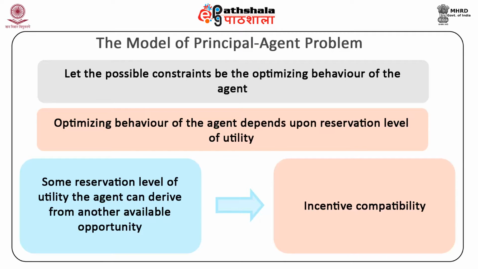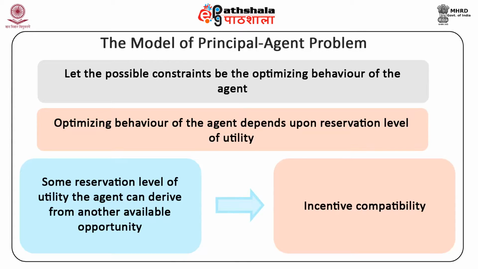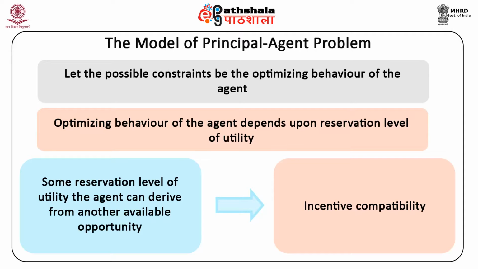Out of various available incentive schedules, the principal chooses the one which will motivate the agent in picking the best action for himself. The principal cannot directly interfere in the action chosen by the agent. He only selects the incentive schedule in such a way that it will influence the agent in selecting his action. This is known to economists as the incentive compatibility constraint.